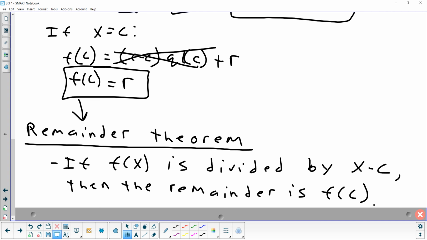If you want to find the remainder when you're dividing by x minus c, unfortunately it doesn't work for anything else. Okay? It has to be x minus a number in the denominator. If it's anything more complicated than that, and you want the remainder, you gotta do the whole thing out.